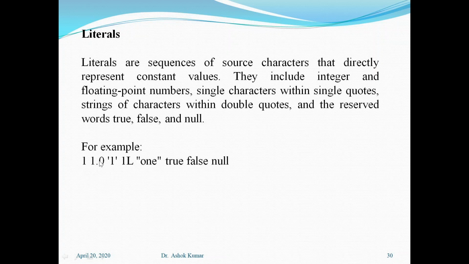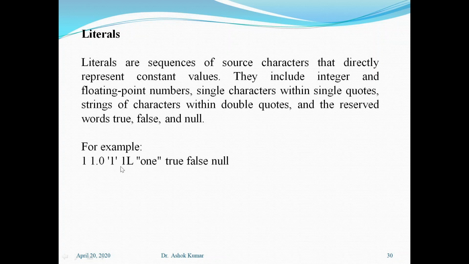Similarly, another example is 1.0. This is a floating point literal. By default all the fraction numbers are of type double in Java. So 1.0 or 1.62 is a double type literal. Then any alphabet or symbol or digit, if you include that in single quotes, is treated as a character literal.